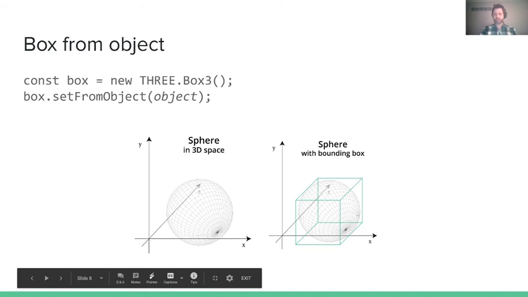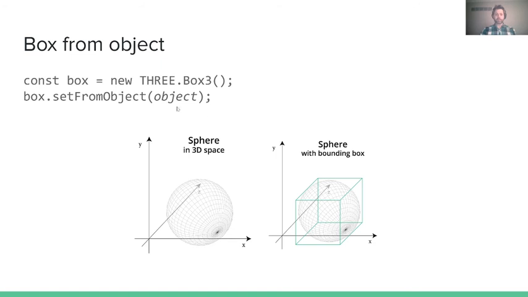This bounding box is axis aligned. So when this Box3 has been tied to this object, so the object here is in parentheses, sphere was defined as object, we're going to set a box around this object. So this is that AABB collision detection, or the bounding box method here.